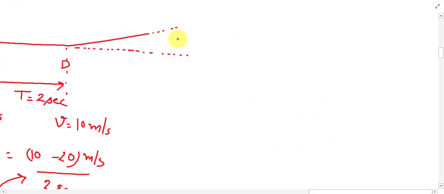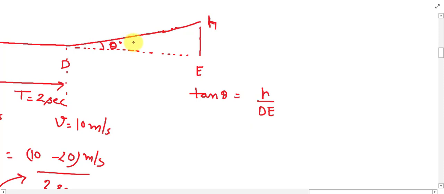Now we are going to understand the resistance offered by gradient. Suppose this is angle theta. So tan theta will be this height upon the distance DE, so tan theta will be h upon DE.